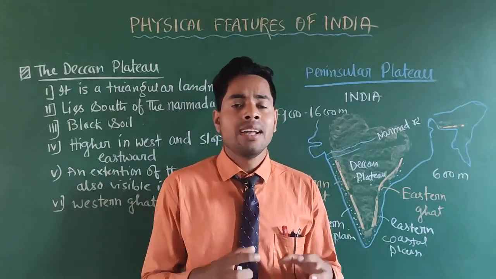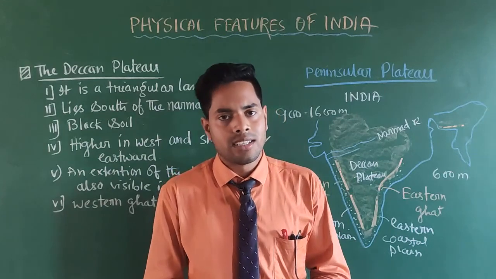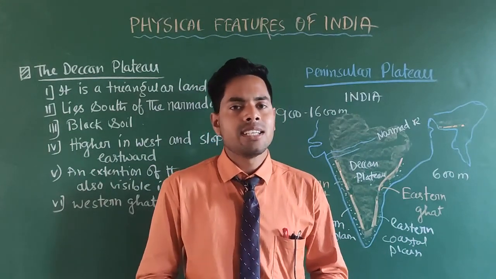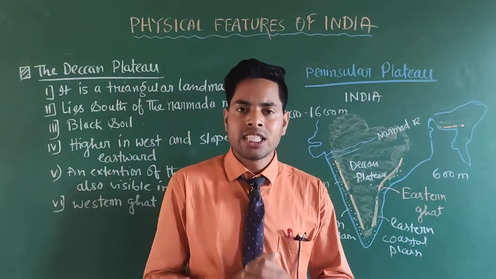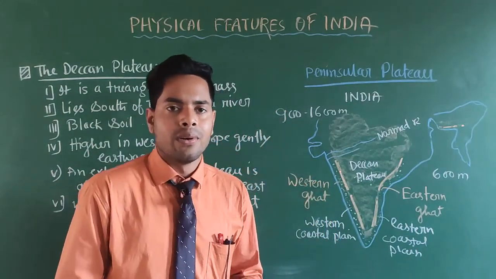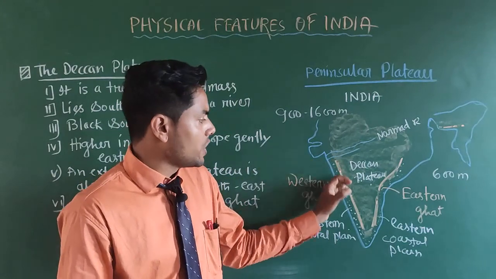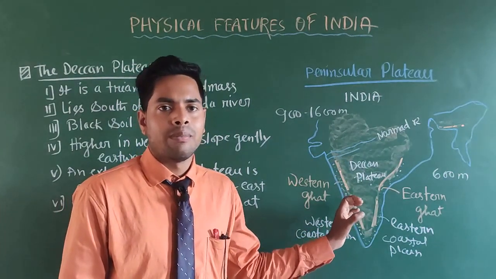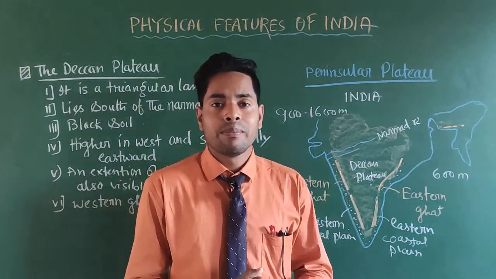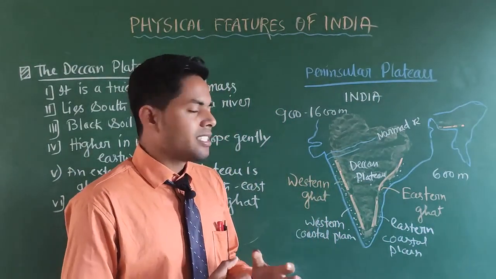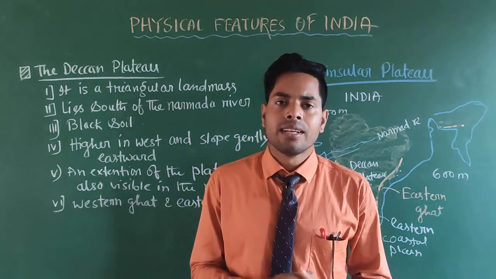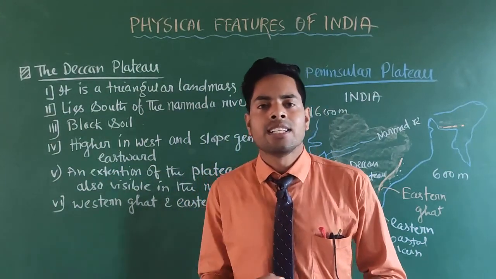Such rivers drain the Eastern Ghat region. That's why this region is more dissected, discontinuous and irregular, whereas the Western Ghat is continuous and regular, but it has some passes. These are the differences between the Western Ghat and Eastern Ghat.